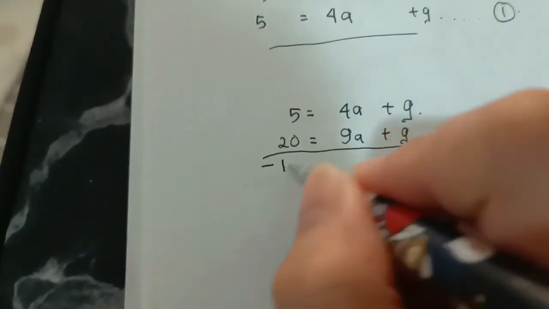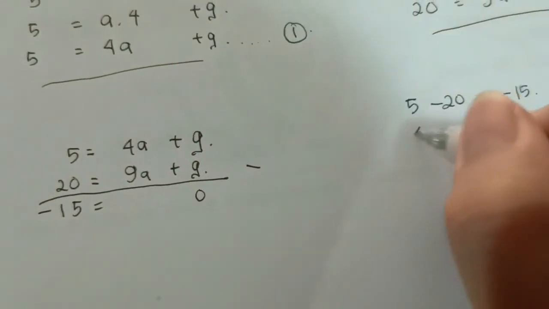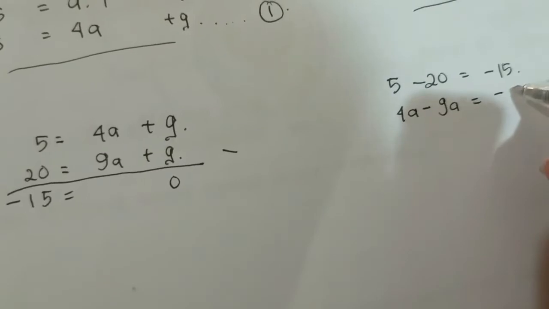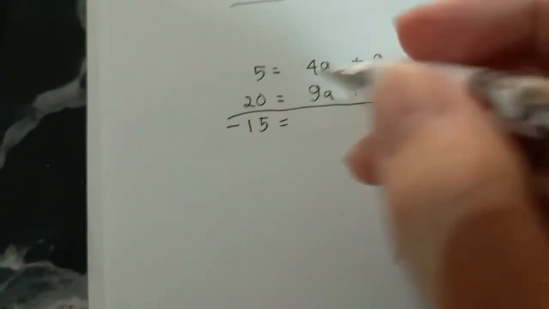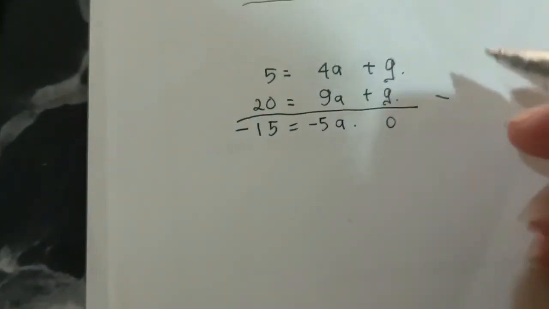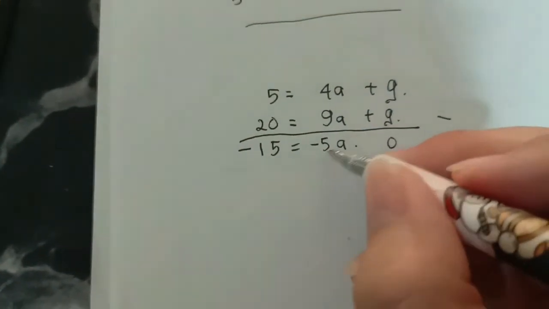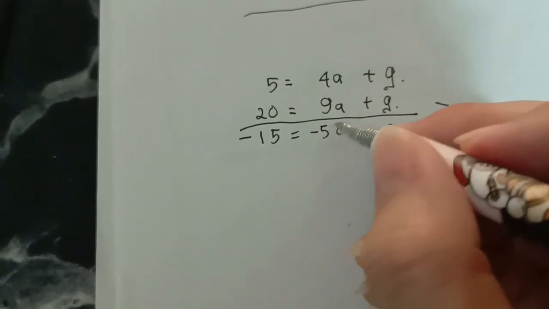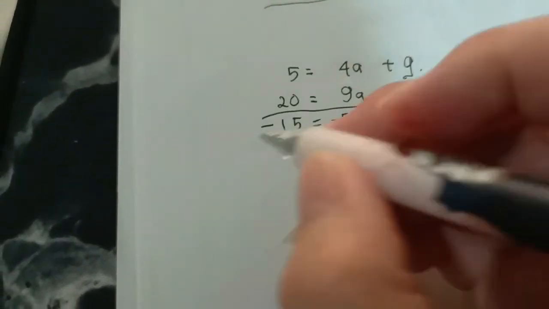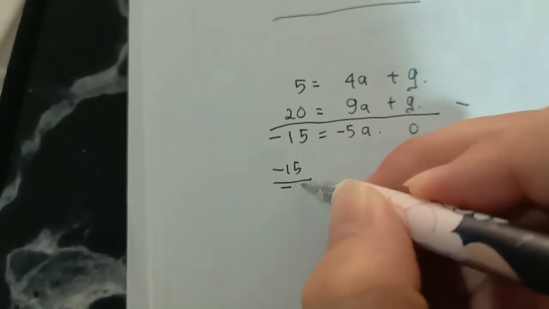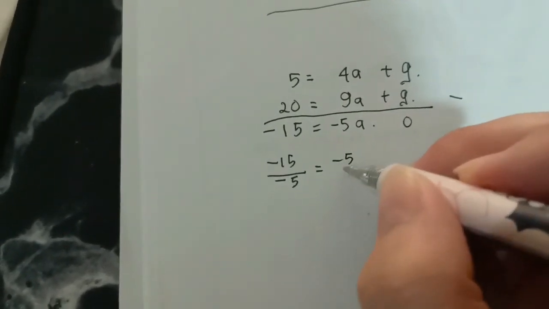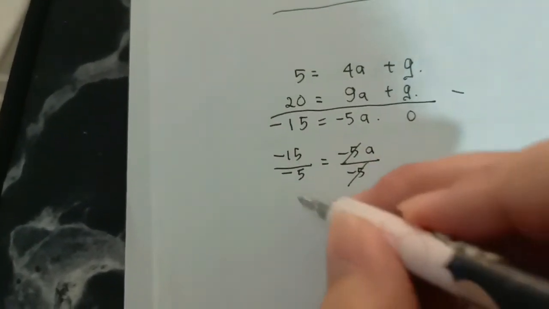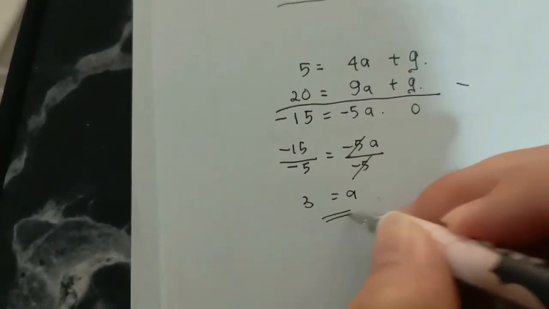We write down minus 15. 4a minus 9a is minus 5a. So we are going to divide by minus 5 so that we can remove the 5 next to a. Minus 15 divided by minus 5, minus 5a divided by minus 5, this becomes 3. So this is the a.